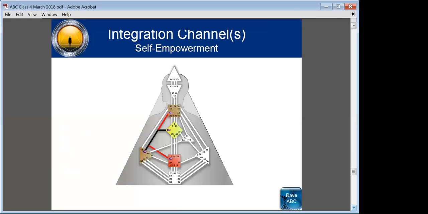But when you get into integration, what's interesting is that it makes up an expression of life force that could bring about 4 gates at once, which includes 4 centers.